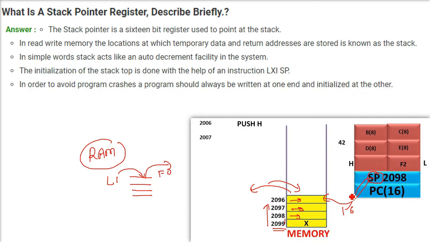This is called the push operation. There can also be a pop operation, because what you have put on a stack, you need to pull out also. That is called popping. Always the stack pointer will point to the top of the stack.